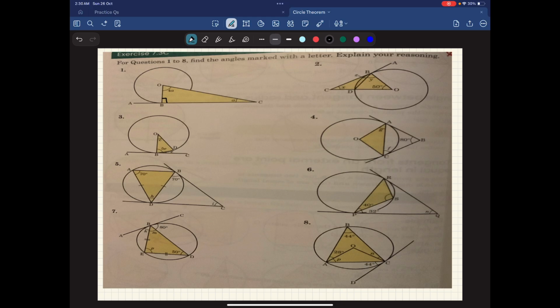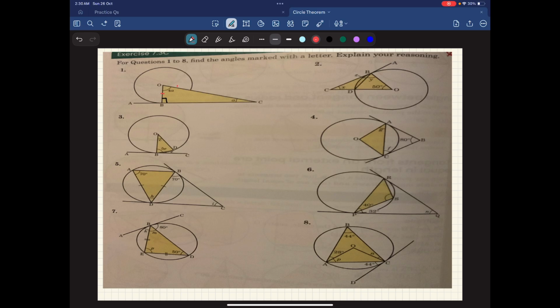So how do you identify a radius? You look at the center, and any line originating from the center to the circumference will qualify as a radius. So let's mark this as the radius. And then we know that the angle between a radius and a tangent is 90 degrees. So I have marked that as 90 degrees as well.